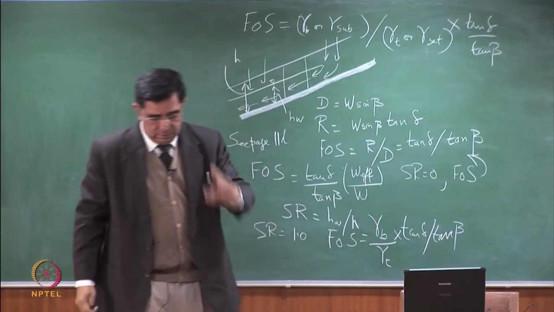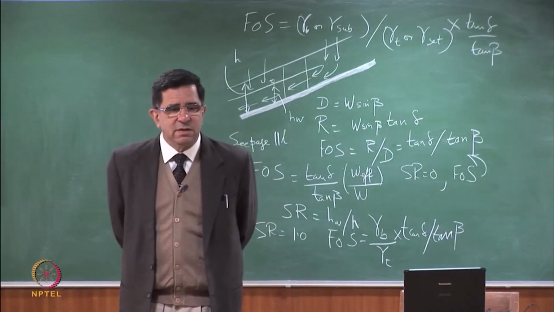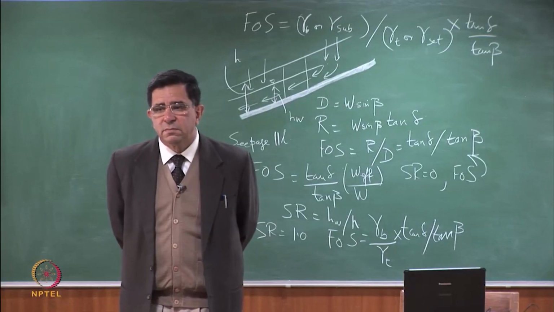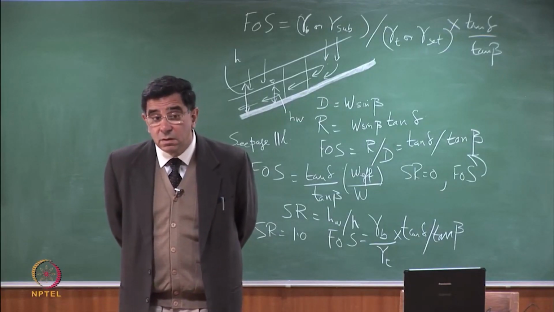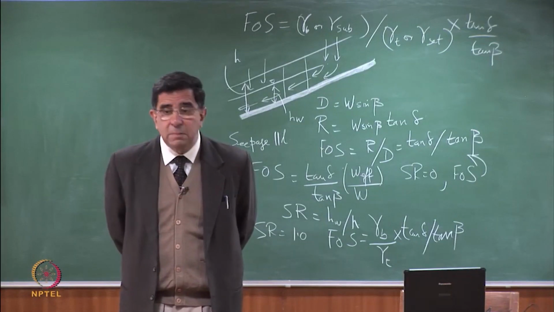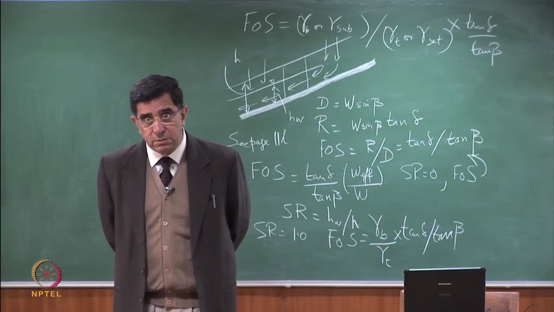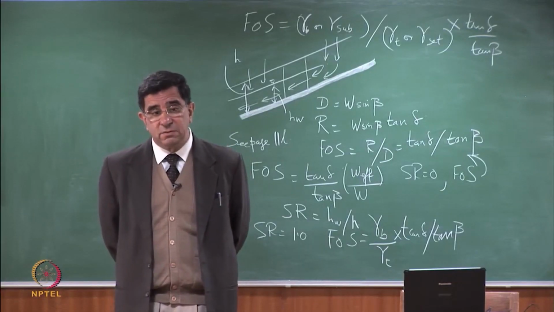So if you have a normal soil, what is typically the value of gamma saturated? 20 kilonewton per meter cube. So what will be gamma submerged? 10 kilonewton per meter cube. What is, therefore, what happens to the factor of safety?